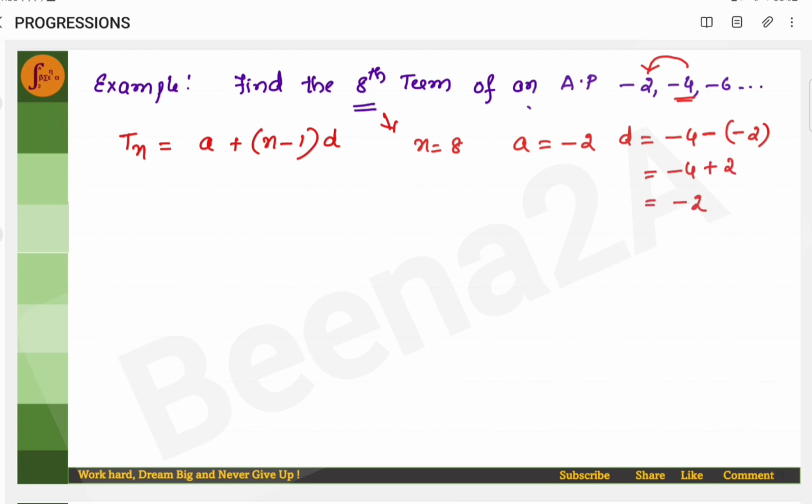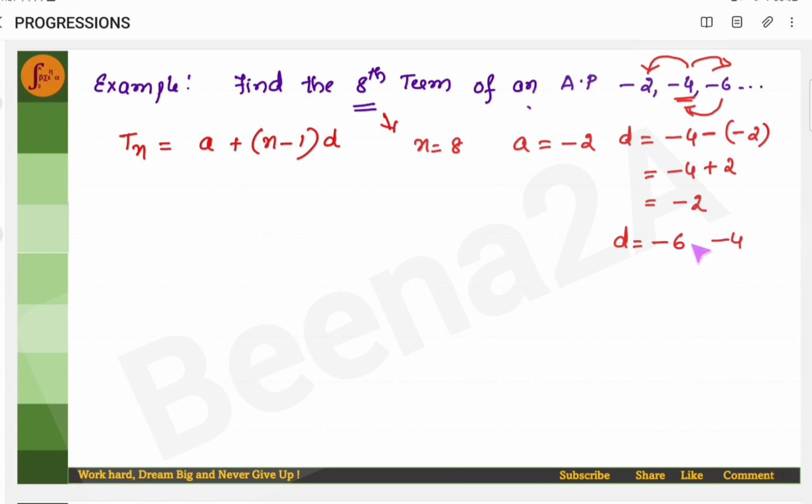We can again check. Now I'll take the difference between these two terms, minus 6 and minus 4. Remember this order: it should be the difference between the term and the previous term. So the term is minus 6. What is the previous term?